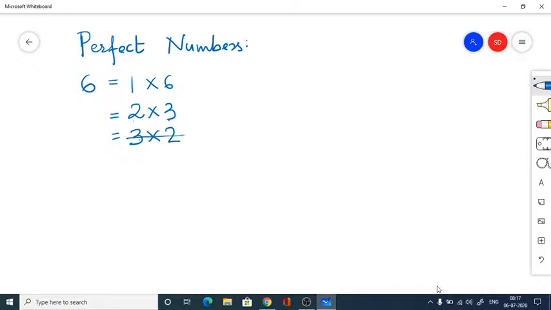When the pairs start repeating, the pair is the same, that means we don't have any new factors. So the factors of 6 are 1, 2, 3, 6.